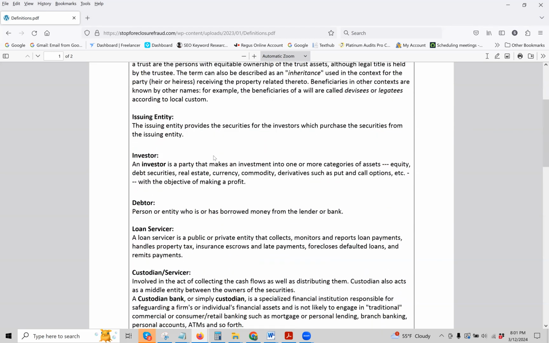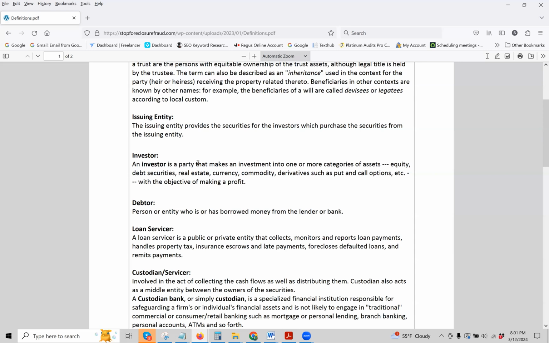Obviously that's an important one. The issuing entity provides the securities for the investors, which purchase the securities from the issuing entity. Obviously, with the securitization of debt, mortgage, auto credit, other types of debt, and some of these large securitization trusts and bonds, there are investors that invest in them.